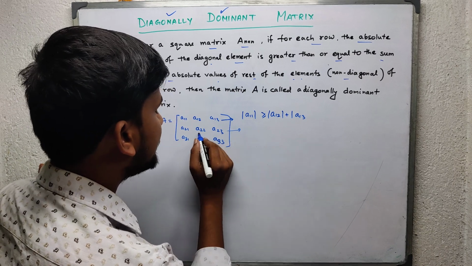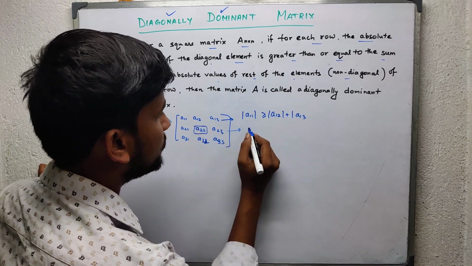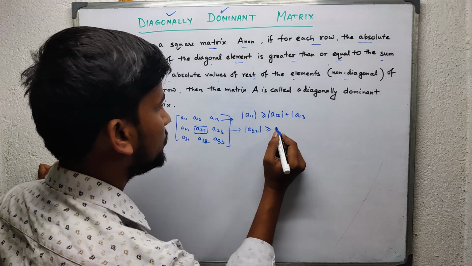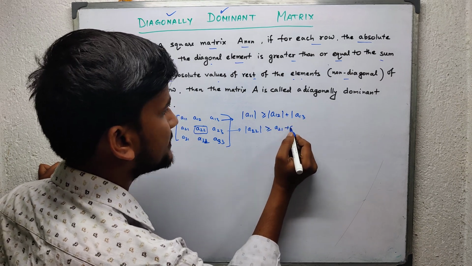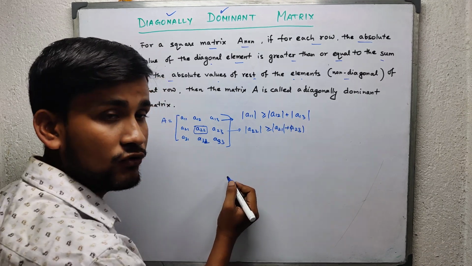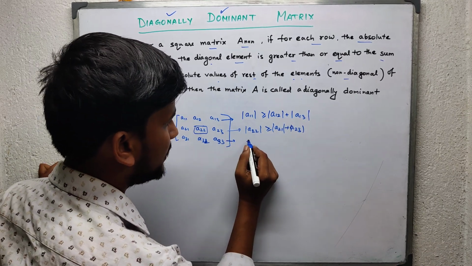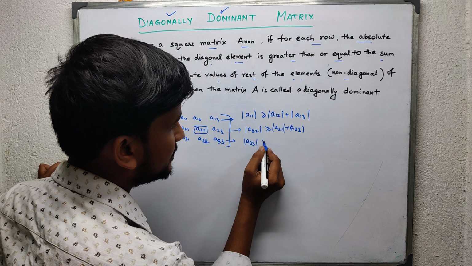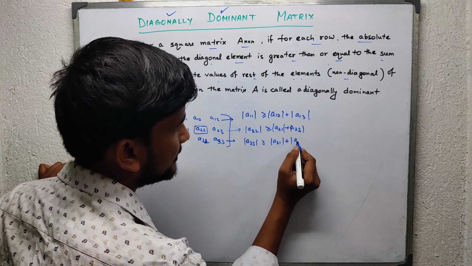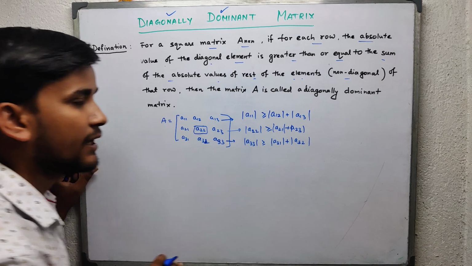Then the next diagonal element is A22, that is, modulus of A22 is greater or equal to mod of A21 plus mod of A23, and these are also absolute values. Then for the third row, mod of A33 is greater or equal to mod of A31 plus mod of A32.